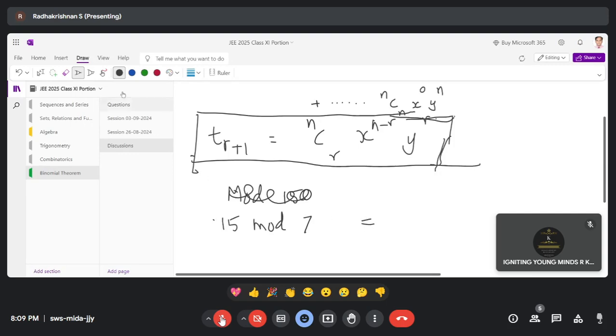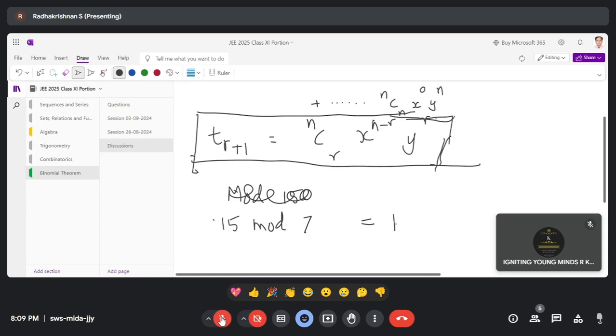Means what is the remainder when 15 is divided by 7? அதை நம்ம இப்படி எழுதுவோம், 15 mod 7 அப்படின்னா what is the remainder when 15 is divided by 7? So when 15 is divided by 7, what is the remainder? 1. Okay, because the quotient is 2, 2 sevens are 14, remainder is 1.